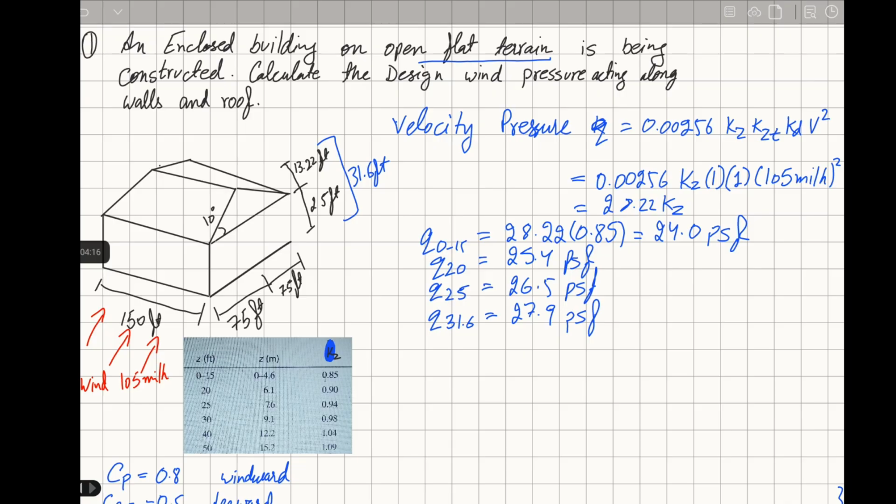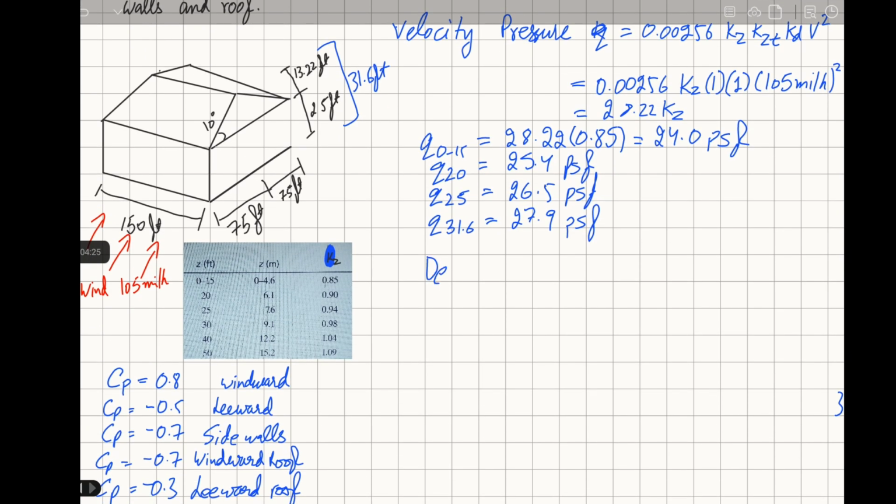Okay, now that we have the velocity pressure, we can move over to the next equation, that is our design pressure equation. For this equation, we have, first of all, our velocity pressure times the gust effect factor times the external pressure coefficient.